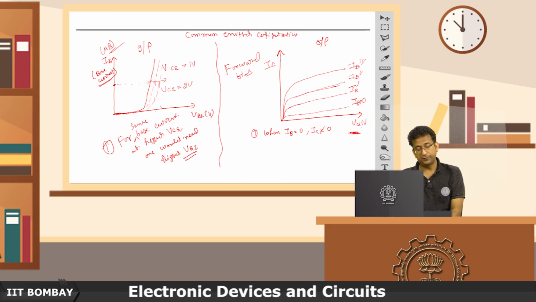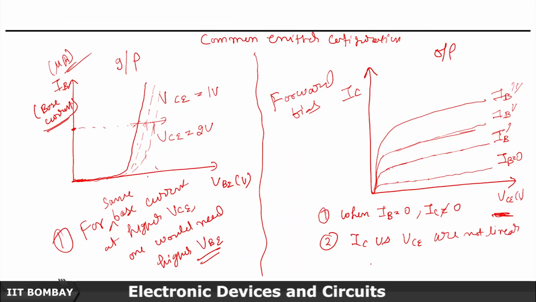So with increase in VCE, IC is increasing. So the curves between IC versus VCE are not linear. Okay, so these three observations we have made from the input and output characteristics of the common emitter configuration.